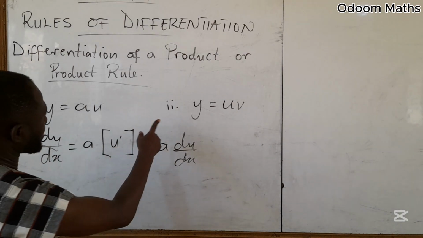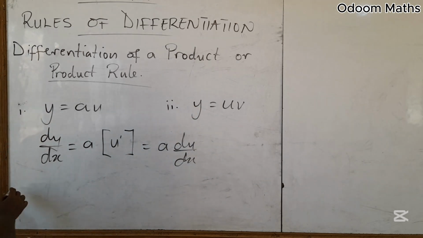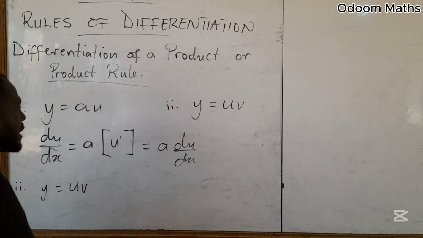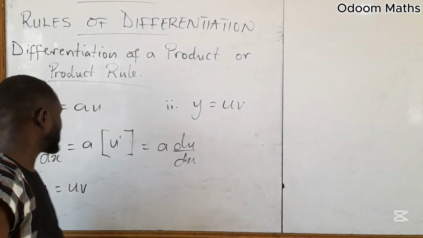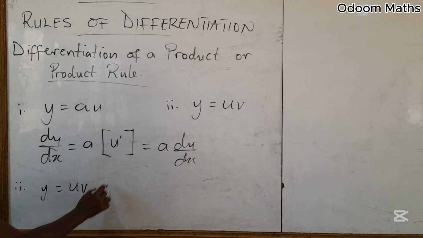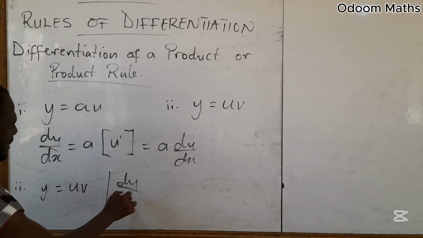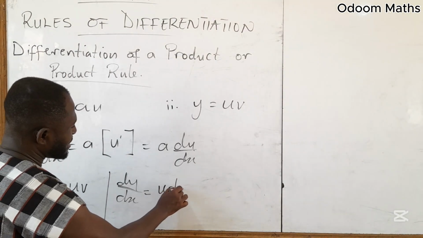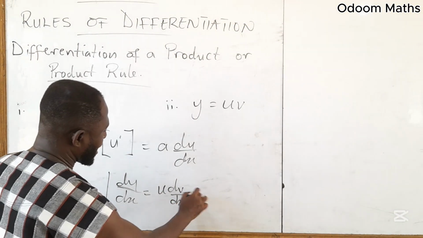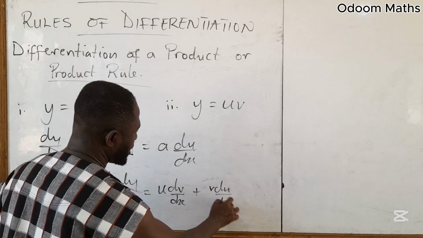Now, let's talk about the second scenario. So here, our y is equal to uv, and both u and v are functions of x. So in this sense, our dy dx becomes u dv dx plus v du dx.